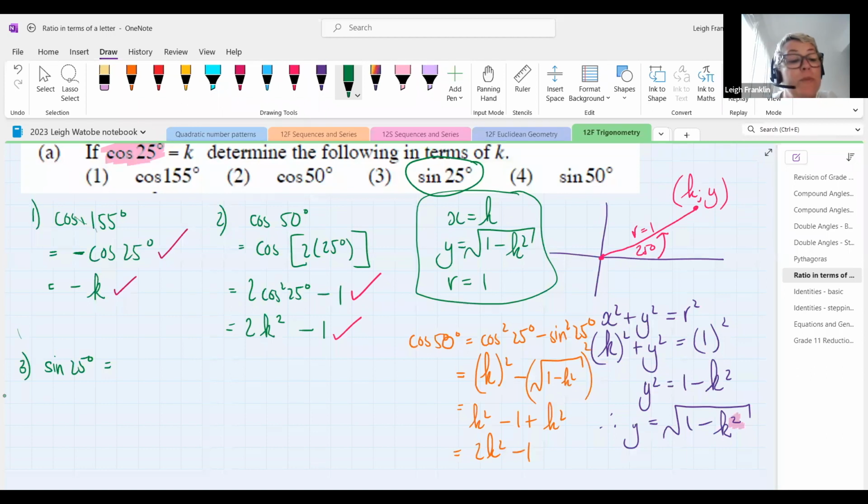Remember, y in terms of k is root 1 minus k squared, and r is equal to 1. You don't have to write over 1, though. I'm just putting it in there for you guys. So that's what you would end up with for the sine of 25. Everybody good? It's actually the easiest question. I don't know why it came third. It should probably have come first.